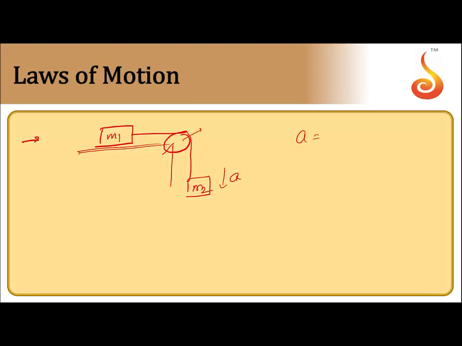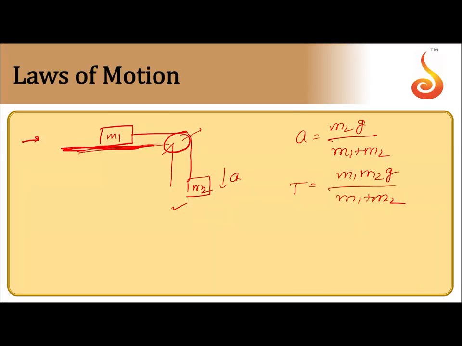Then the acceleration of the system is m2 g divided by m1 plus m2. Why? Because the net pulling force depends only on m2, while the motion of m1 happens horizontally and is not controlled by gravity. And the tension is of course m1 m2 g divided by m1 plus m2.